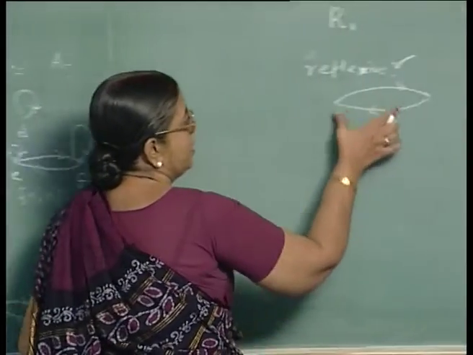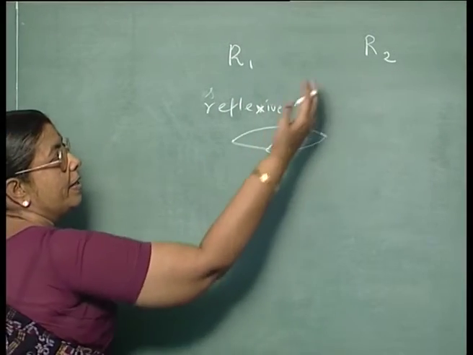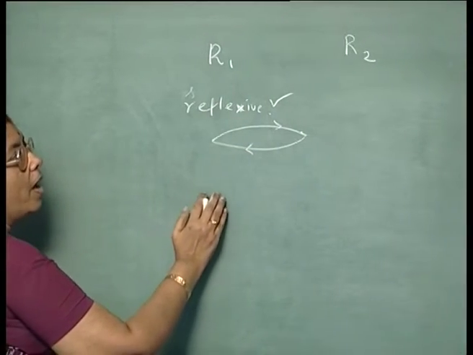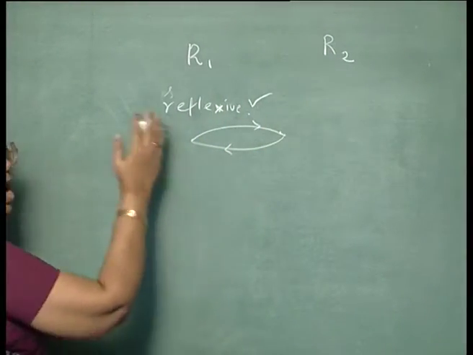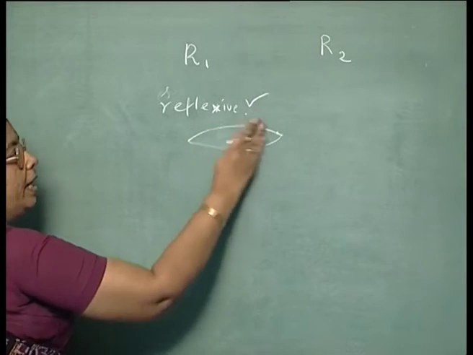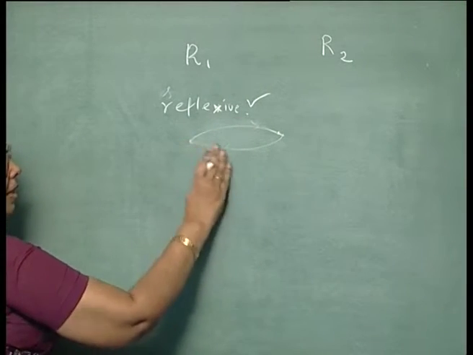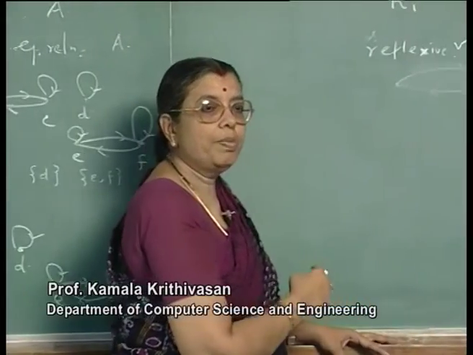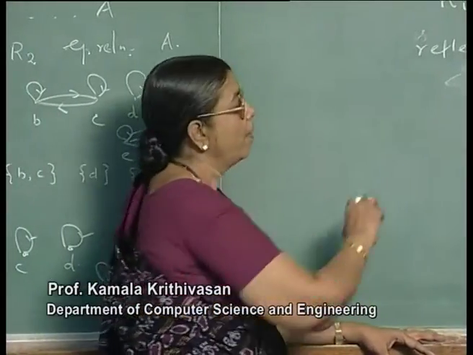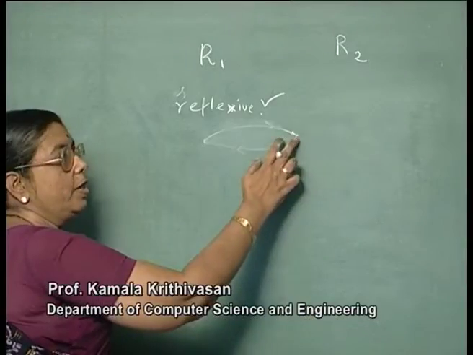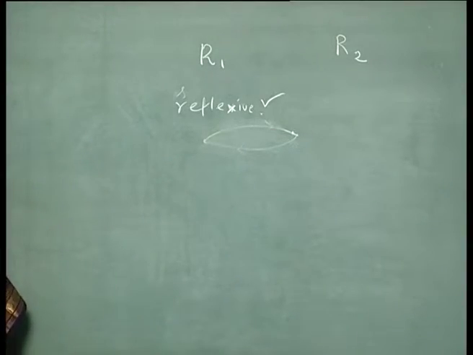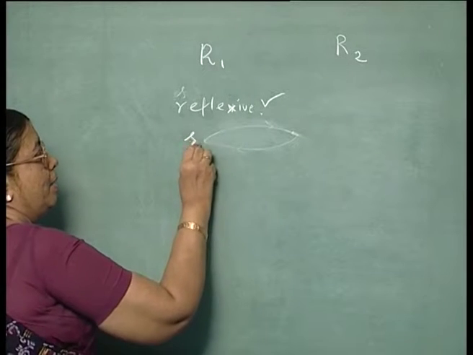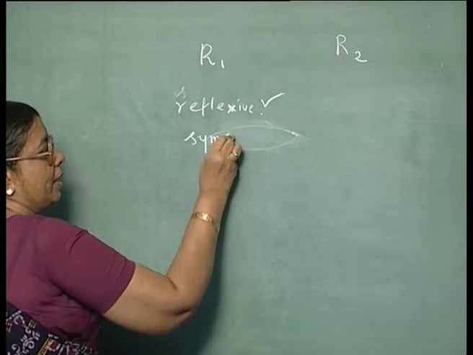But if it is present in R1 and not present in R2, or present in R2 and not present in R1, then it will not be present in the intersection. Symmetric means between any two nodes, either there should be no arcs, or if you have one arc in one direction, you should also have an arc in the other direction. So, that condition will also be satisfied. So, the symmetry property is also satisfied.